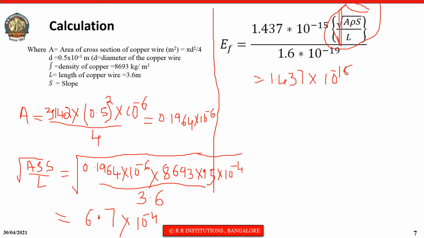And this factor we have calculated, which is 6.7 into 10 to the power of minus 4, divided by 1.6 into 10 to the power of minus 19.